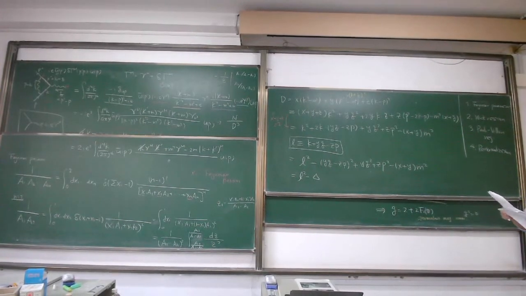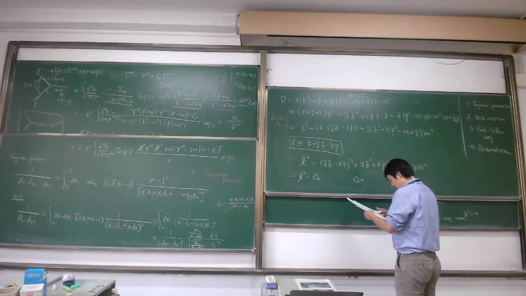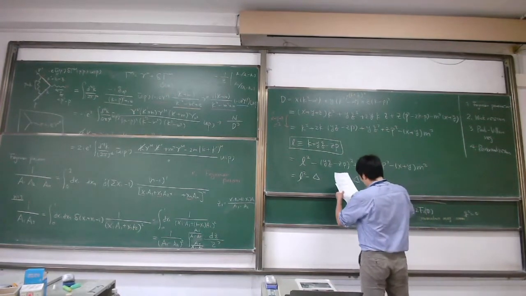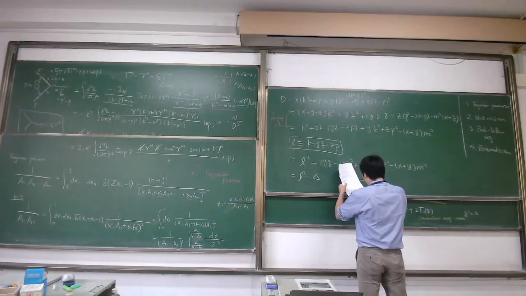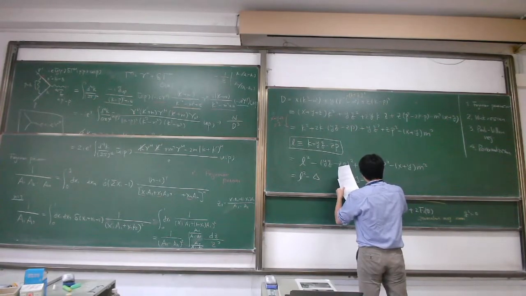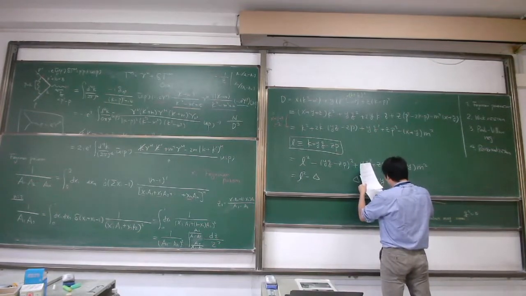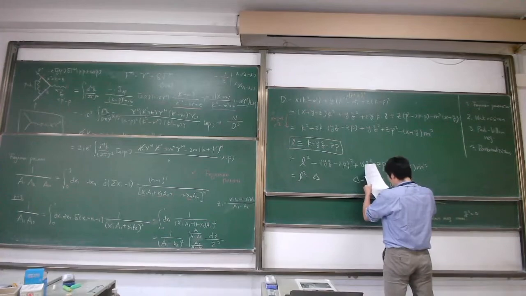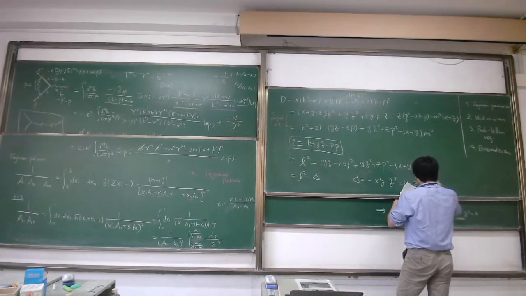Okay. And then you can just do the manipulation. So delta is equal to, I mean you can do the manipulation a lot, and yeah, I'm not going to explain. The majority of people mentioned that I don't need to explain all the detail. 1 minus d squared m squared.